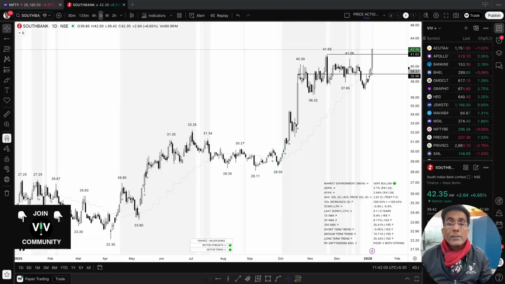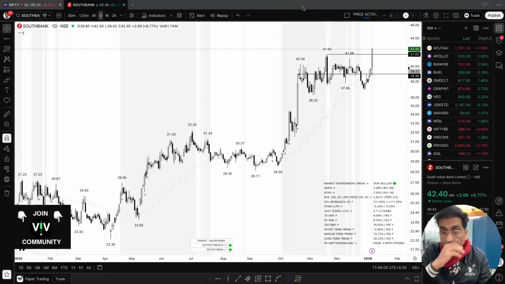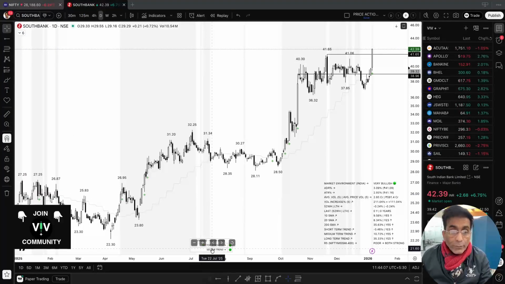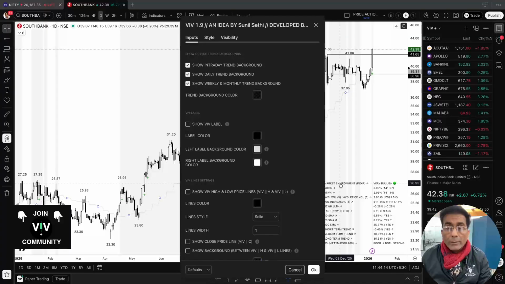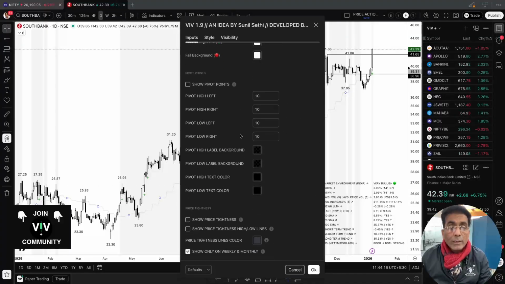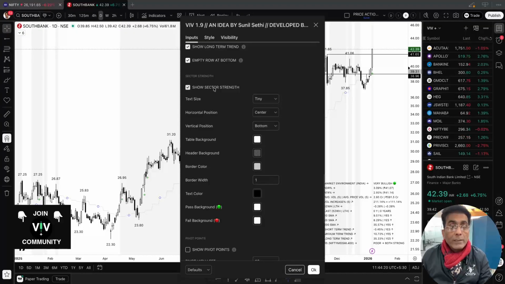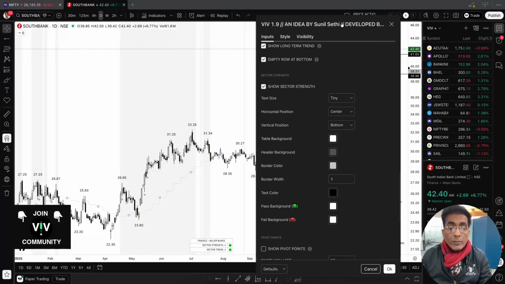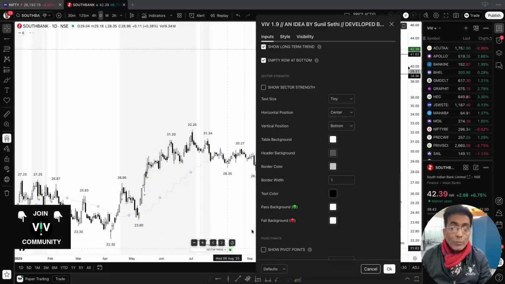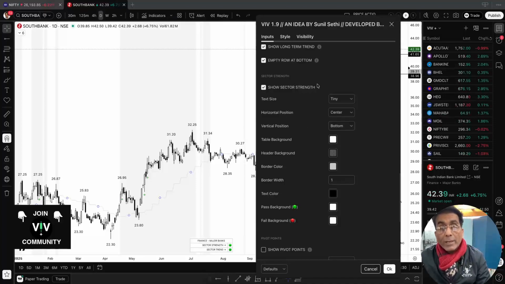This is the latest feature we added some time back. If you see here on the bottom, or wherever you want to set it in the settings of the indicator, you will see this Show Sector Strength. If you don't want to use it, you can hide it, but I use it because this is very important.